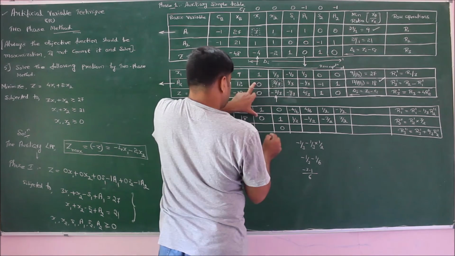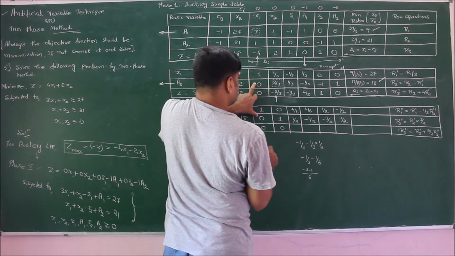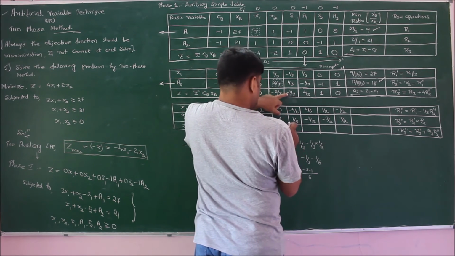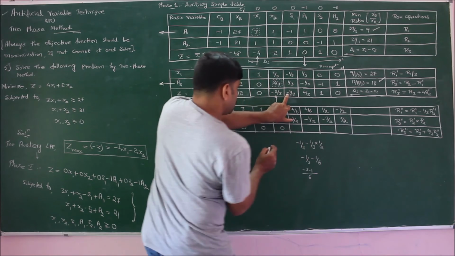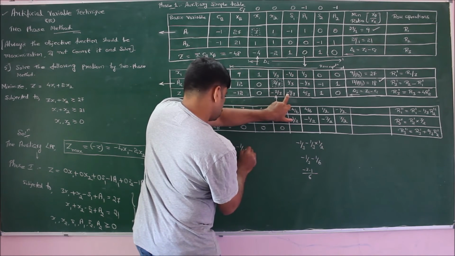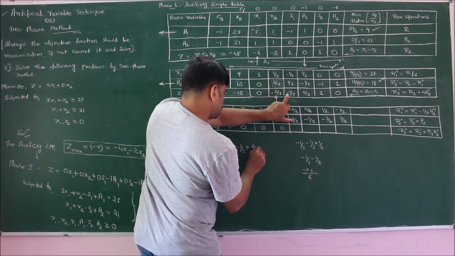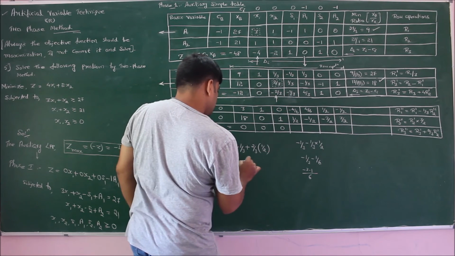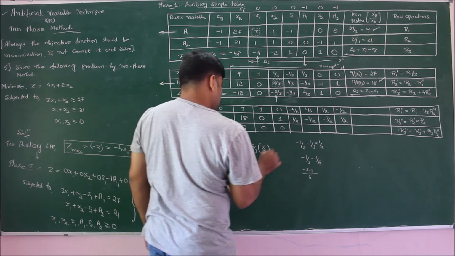Here I have 0, here I have 0, I will get it as 0. Here I have minus 1 by 3, here I have 1 by 2. So therefore, minus 1 by 3 plus 2 by 3 times 1 by 2. So I will get the value as 0.